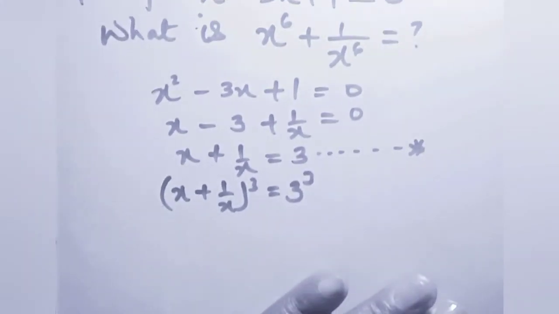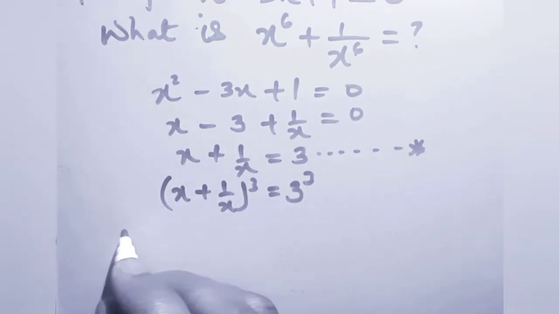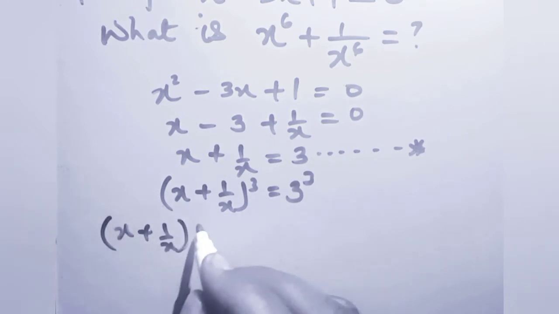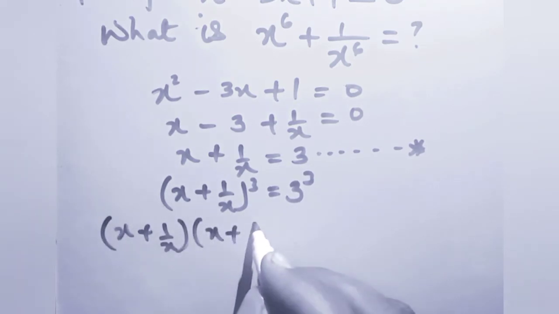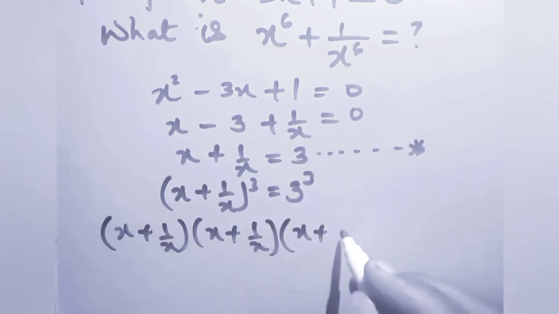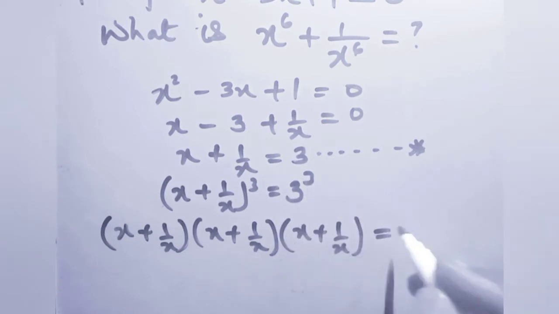We are going to expand x plus 1 over x raised to power of 3. So x plus 1 over x into x plus 1 over x into x plus 1 over x equals to 3 raised to the power of 3 will give us 27.